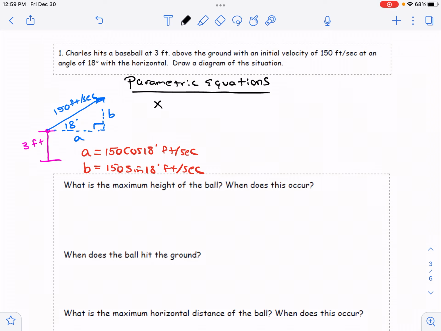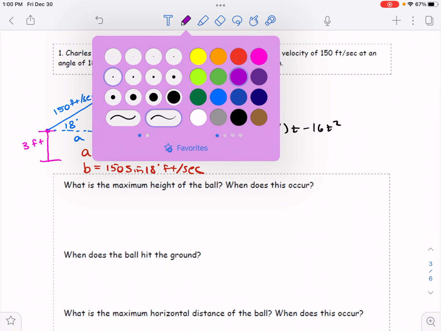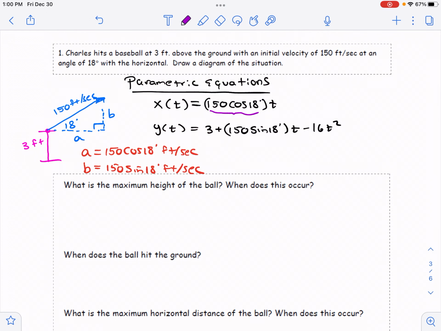Okay, so it's going to be x of t equals, that is simply my a component there, 150 cosine of 18 degrees times t, and y of t is my initial height plus my vertical velocity times t, and now I'm in feet, so I need this for my gravitational constant. Okay, now again, my students know that I like to store this in the calculator as a letter, so I'll just record. I'm going to put that in as like an A. I'm going to put this in as a B.